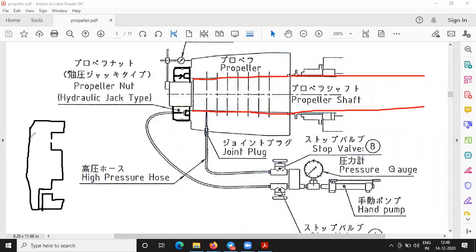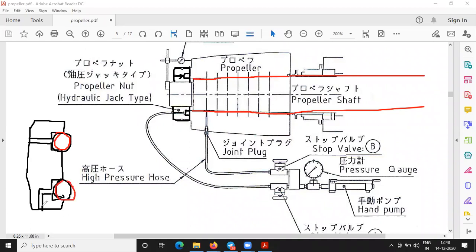Yes sir, same pilgrim nut only. Okay, this is one of the rubber pads.